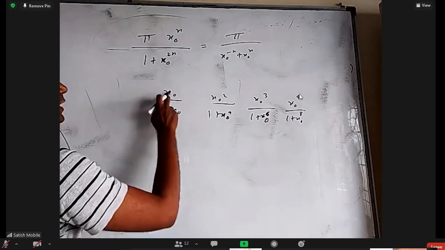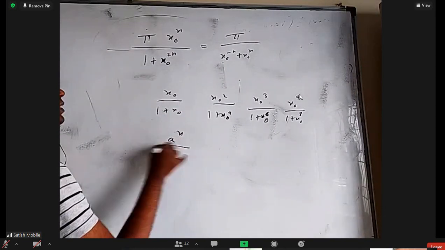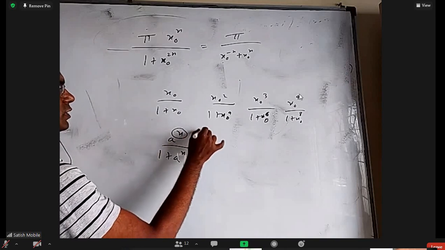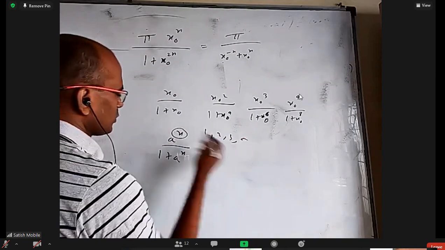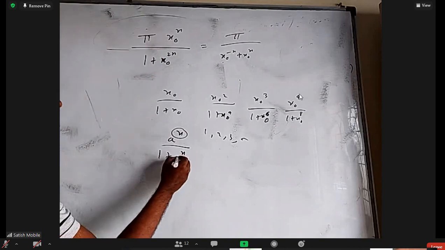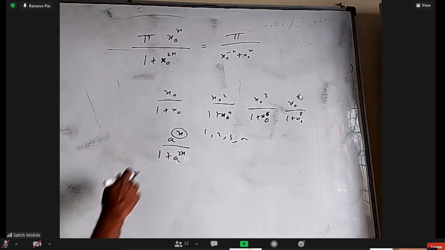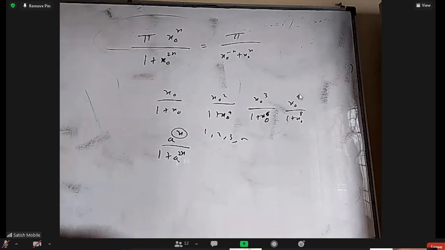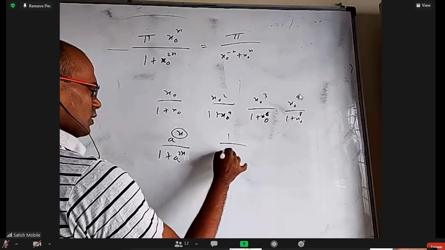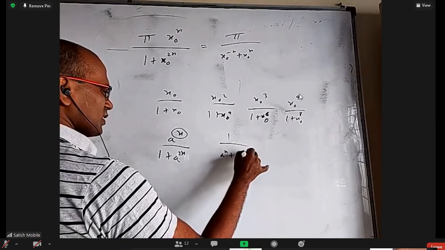So I think I should take a here and here some. So a power x by 1 plus a power x, and this is changing from 1, 2, 3, 4, so on. I can take x naught as a and n as x, and here 2x. Okay. Now as I change x, what is happening to this? Okay. If I bring it down, it is a power x plus a power minus x.